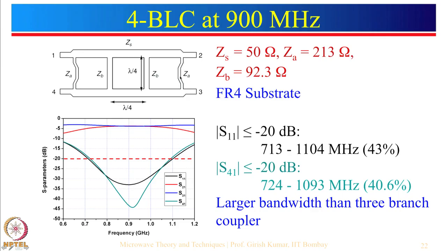In fact, this line may be of the order of 0.1 mm to 0.2 mm depending upon the substrate specifications. So, the realization of this becomes very poor. In the next lecture, we will see how this problem can be overcome and what we did to solve it.